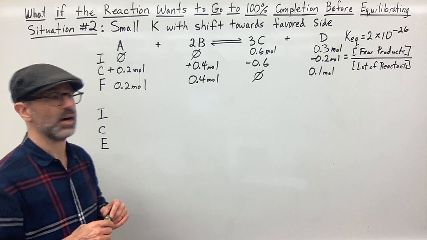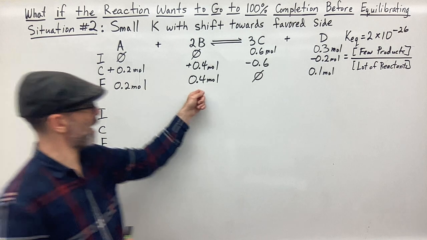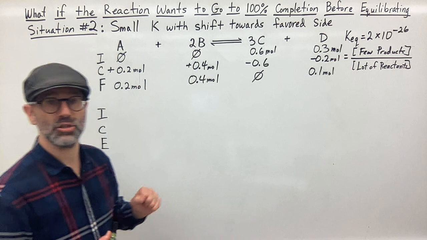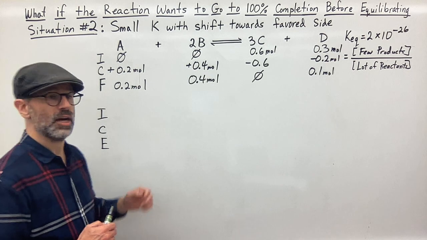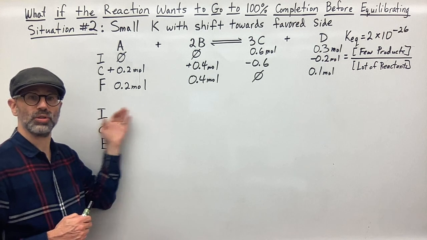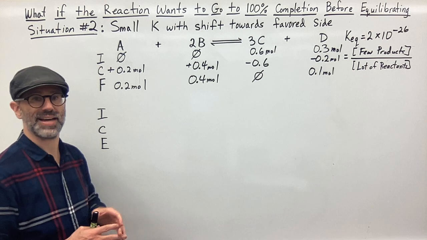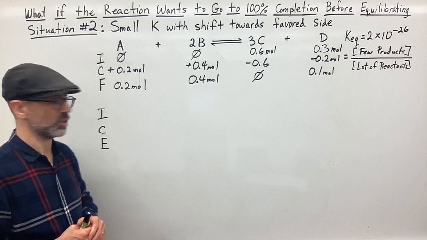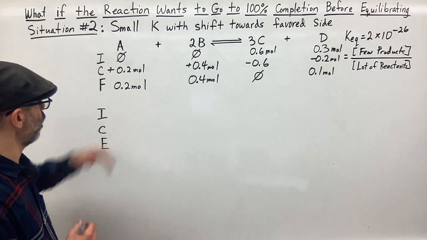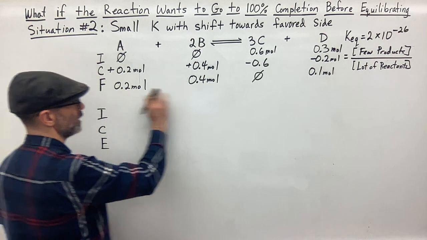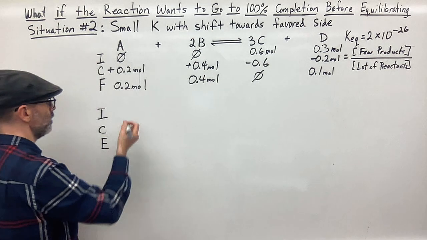Whatever the liters are, you have to divide your moles by that number of liters to get it back to molarity. Again, you can't use moles in ice tables unless you have some special circumstance like 1 liter of solution. So I divide everything by 1 liter, 1 liter, 1 liter. I get the same numbers.